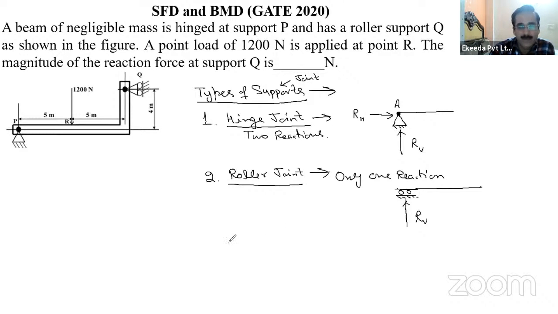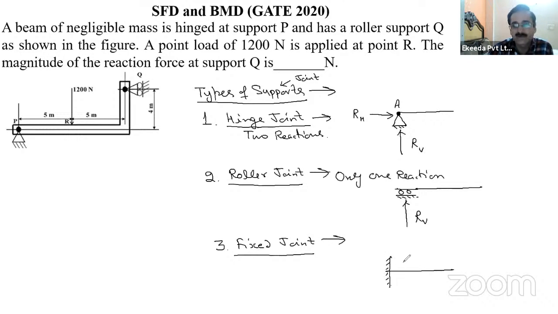right? And the third type of support or joint is the fixed joint. Like in a wall, you put a beam inside the wall like this, right? This is a fixed joint.